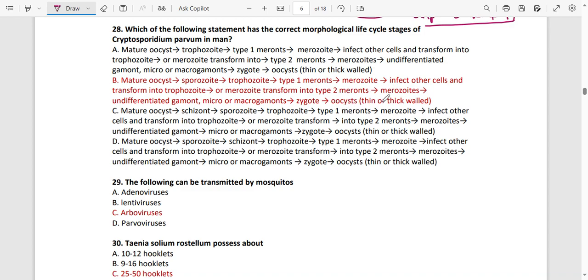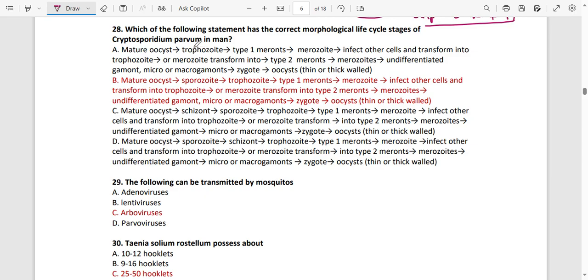We are going to form a thick or thin walled oocyst. We said that the thick one is going to be released in feces, while the thin can cause auto-infection.